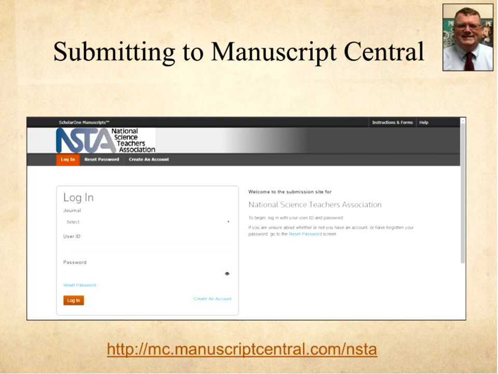The first thing you need to do is visit Manuscript Central by clicking on the link or going to that URL and creating a new account. You'll see the option there at the bottom of the box. When you create an account, it's automatically going to create an author center for you.